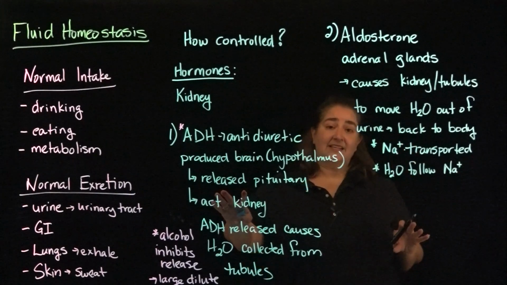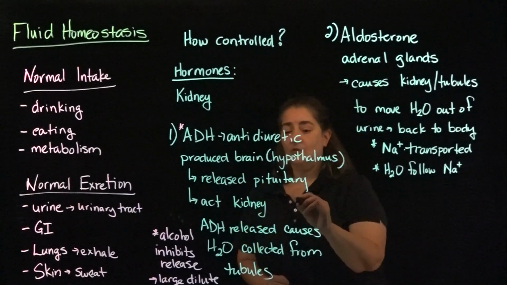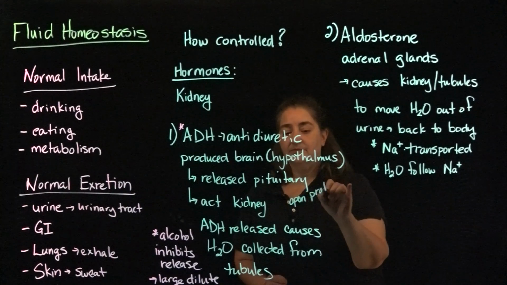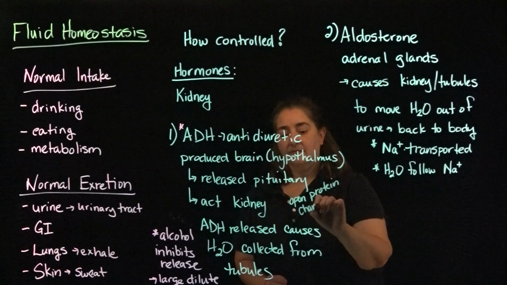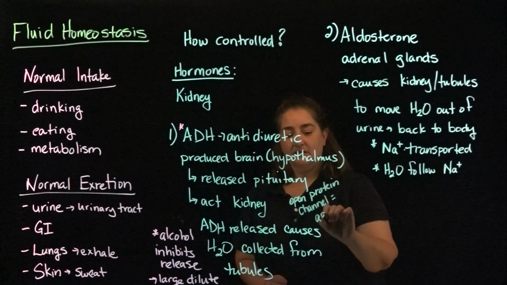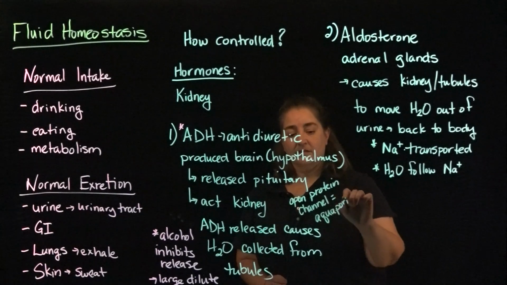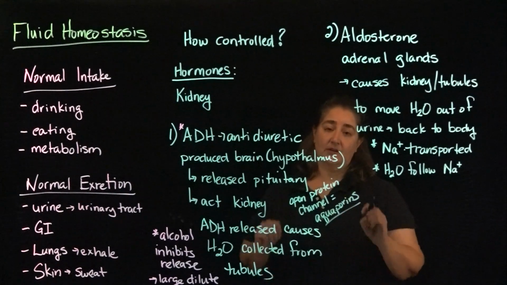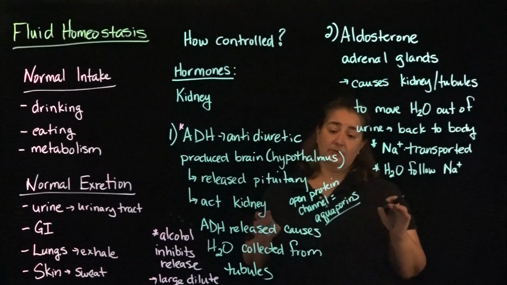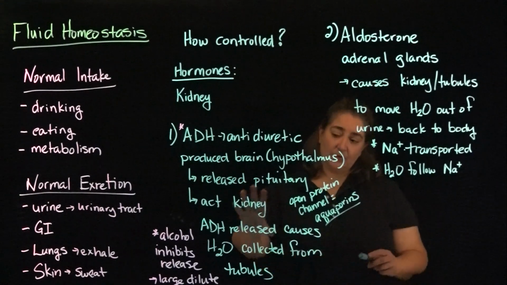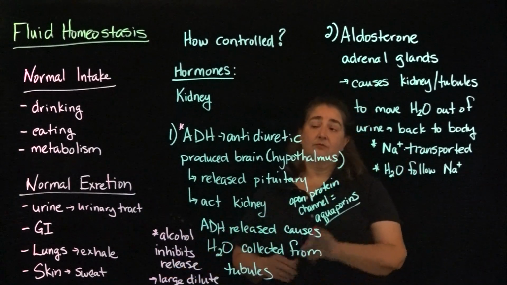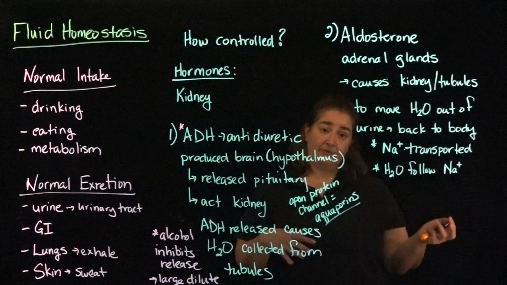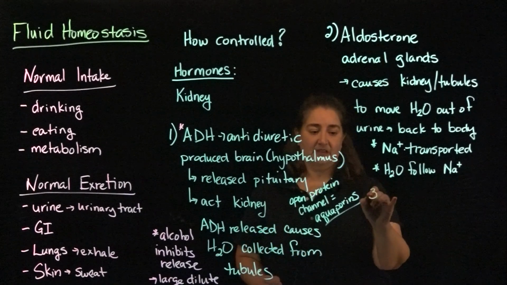Antidiuretic hormone works by essentially opening a protein channel. Collectively, they're called aquaporins, and there's more than one. Just aquaporins is fine, but that's what allows the water to move. So you're getting water to move in the same direction with antidiuretic hormone and aldosterone. You're collecting it back from the urine and bringing it back to the body.